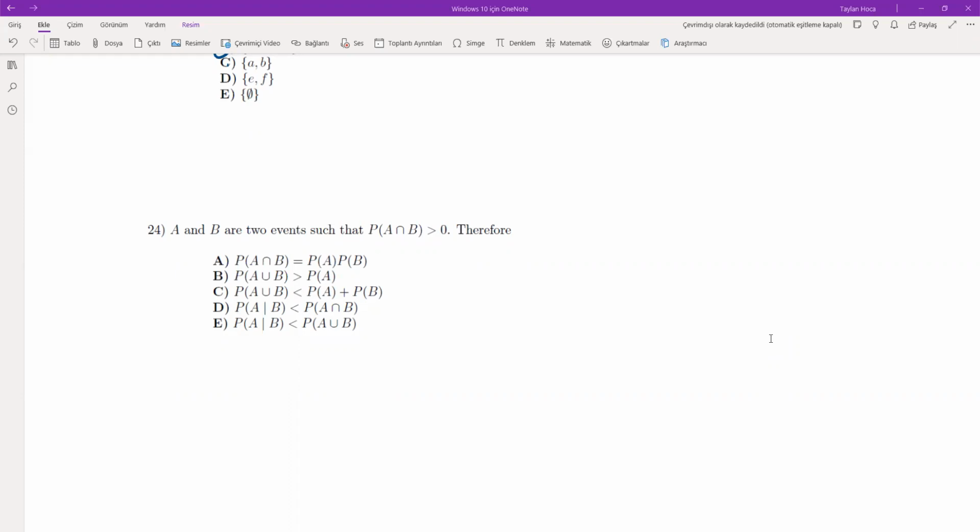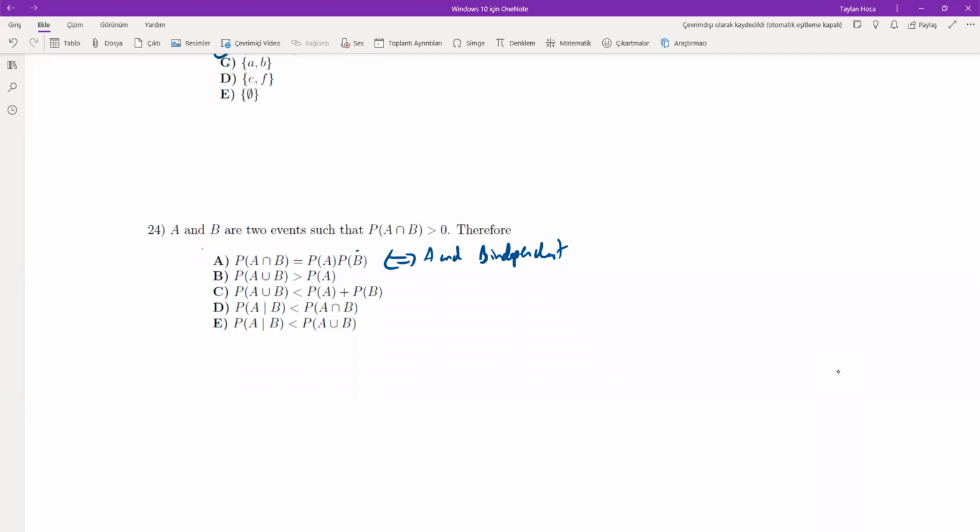First, probability of A intersection B equals probability of A times probability of B is valid only if they are independent. If A and B are not independent, we cannot say this.